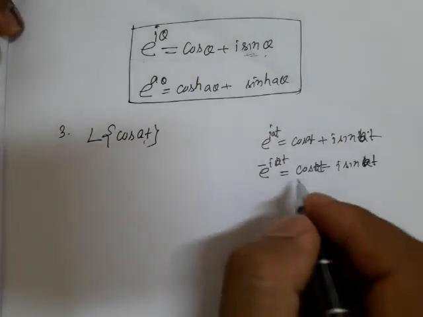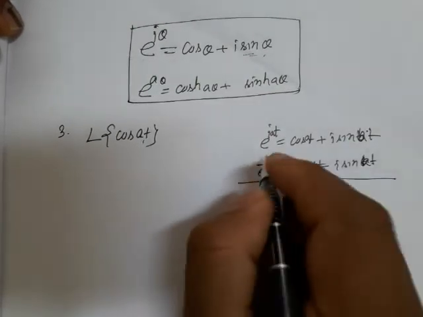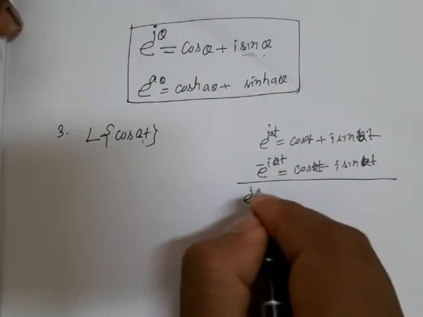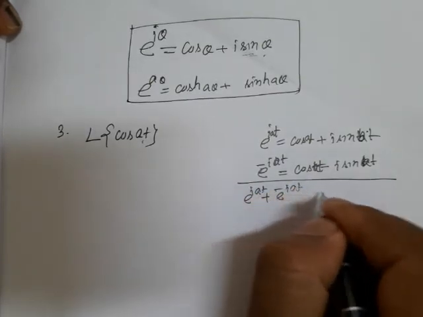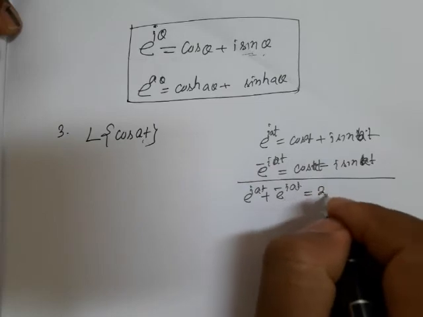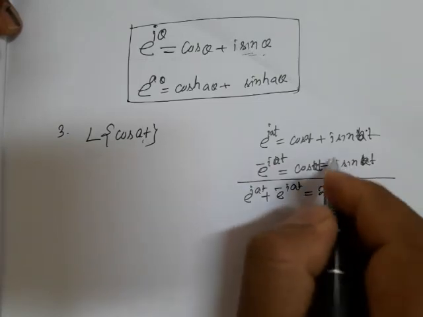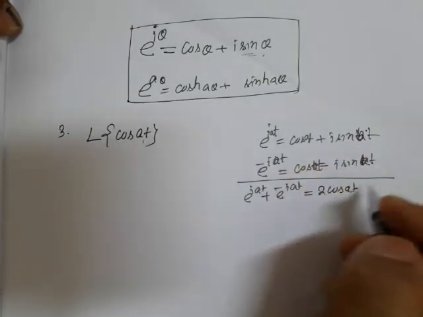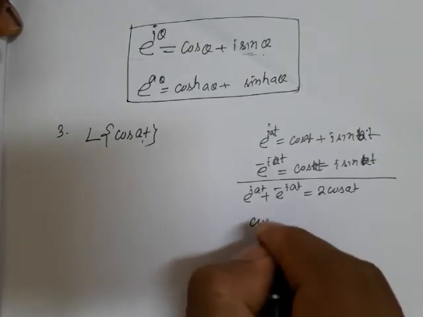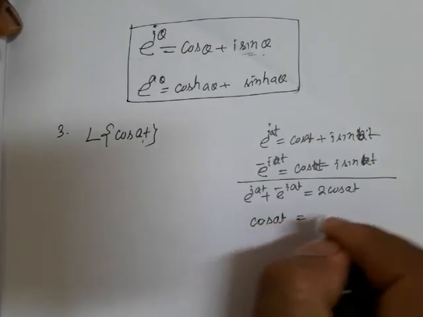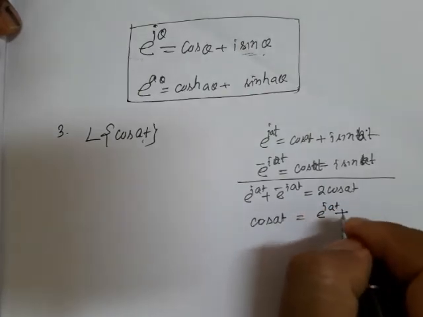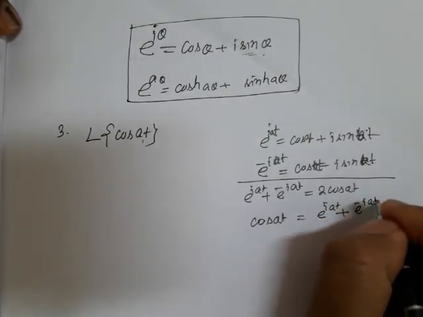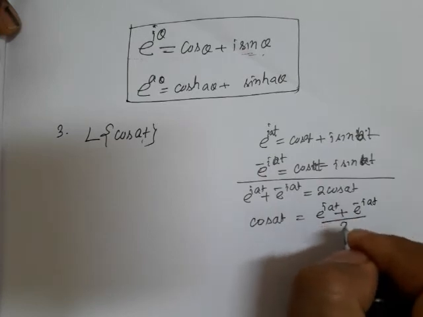Okay, so if you add this, what you will get? e to the power i a t plus e to the power minus i a t equal to 2 cos of a t, and this is minus, this is plus, cancel out. So what is cos of a t? Cos of a t equal to e power i a t plus e power minus i a t by 2.